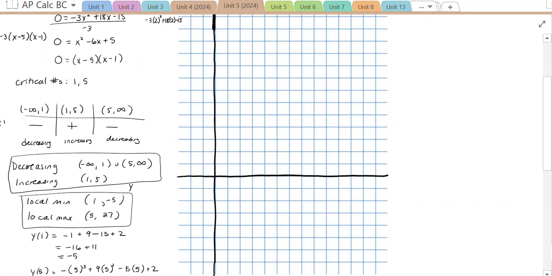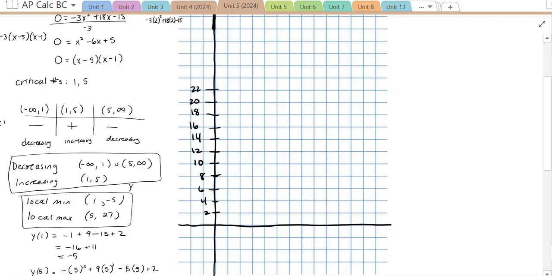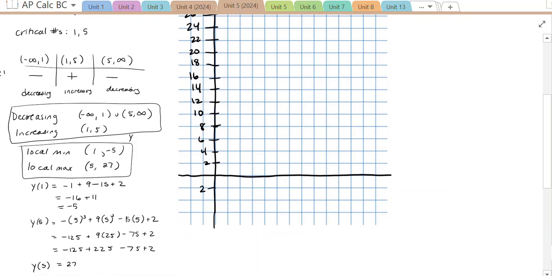So on this axis, I'm going to go by 2s. 2, 4, 6, 8. Then negative 2, negative 4, negative 6.